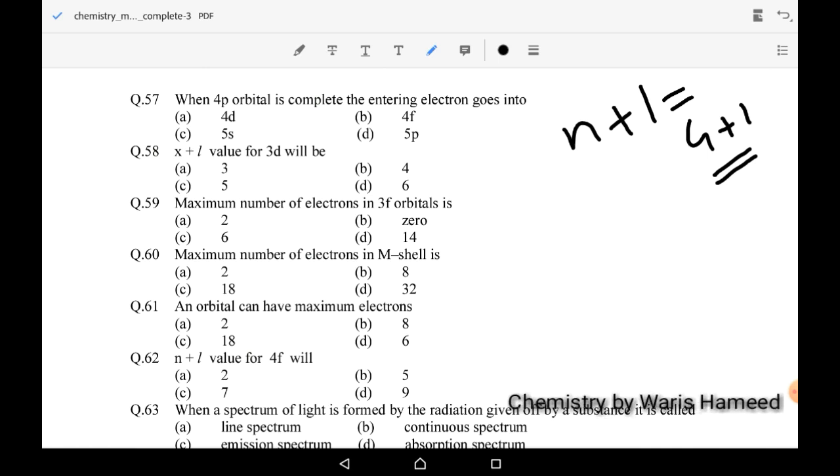Next coming orbital will be 5s, because in case of 5s it also has the value 5. So we will fill 5s after 4p.